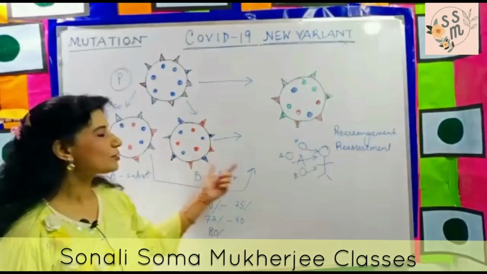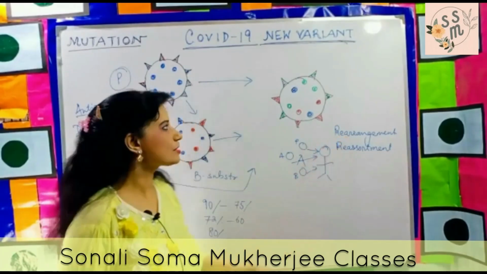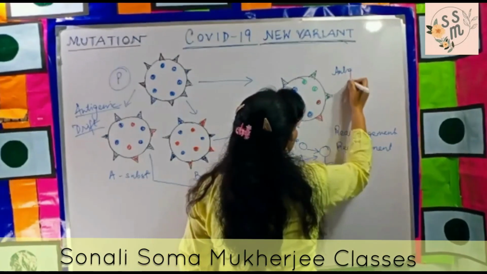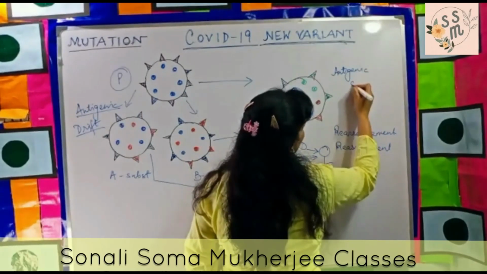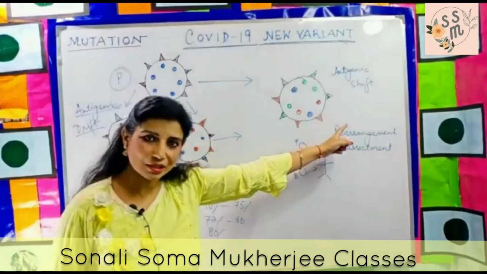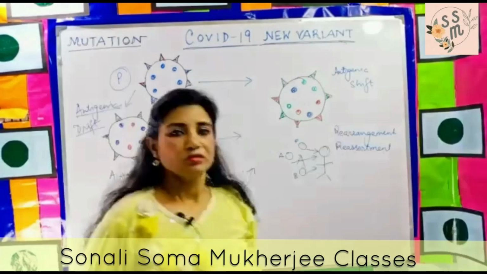It is not similar to any other strain. It has a different look, and this is known as antigenic shift. And when this takes place, it gives rise to another pandemic itself, and it's a severe one, a fatal one. It's very rapid.